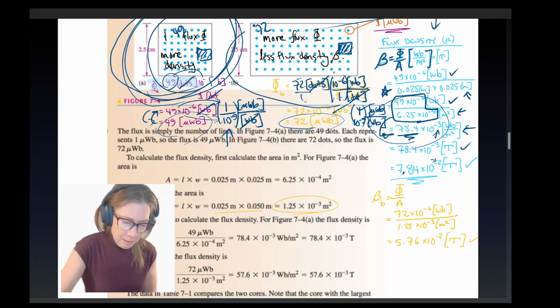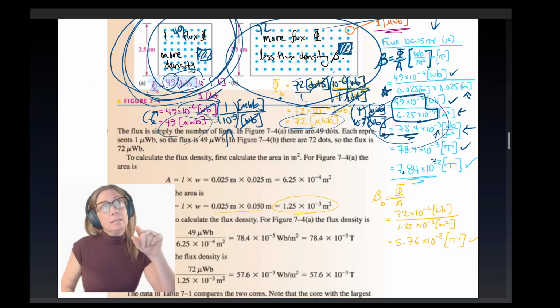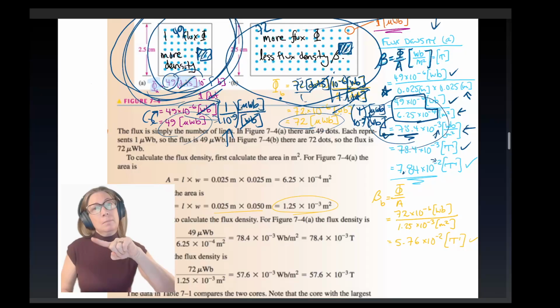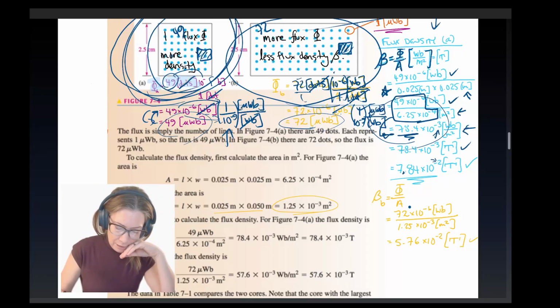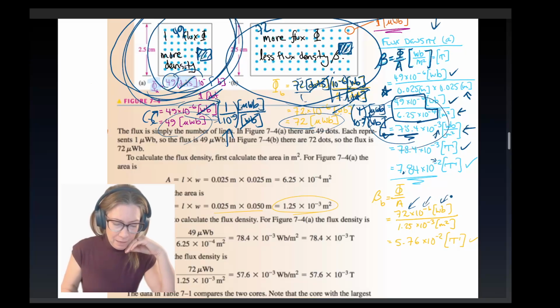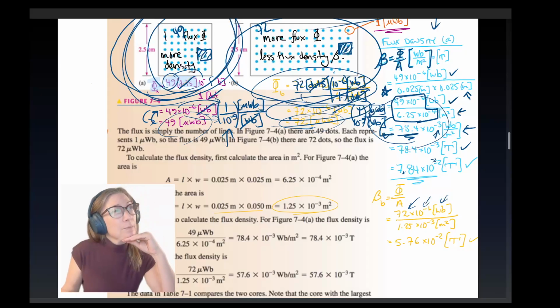B is this one. I counted that there are 72 dots, 72 100 lines of fluxes. So there are 72 times 10 to the negative 6 Webers. Okay, that's what I calculated here, and I did the units for those. 72 times 10 to the negative 6 from above.